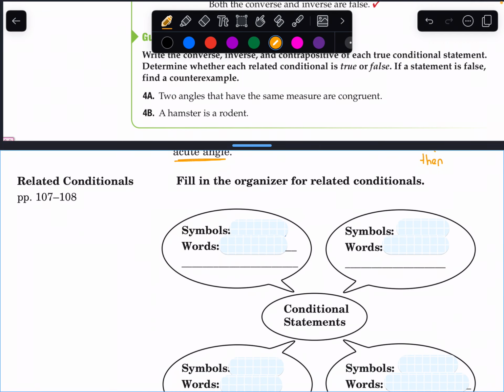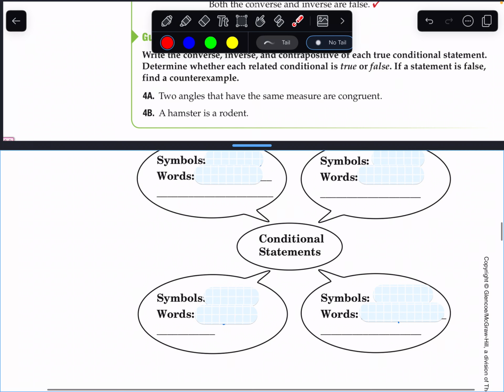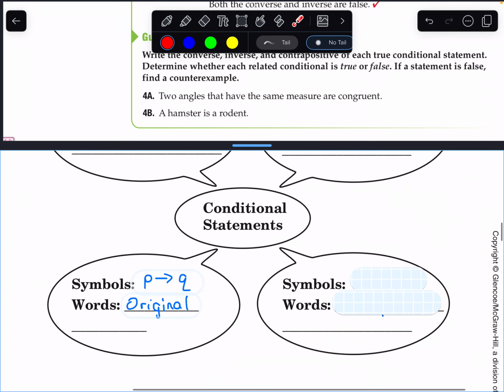And now, let's fill in the organizer for related conditionals. From conditional statements, we have 4 possibilities. The original conditional, shown as P implies Q. Its logical equivalence is the contrapositive.